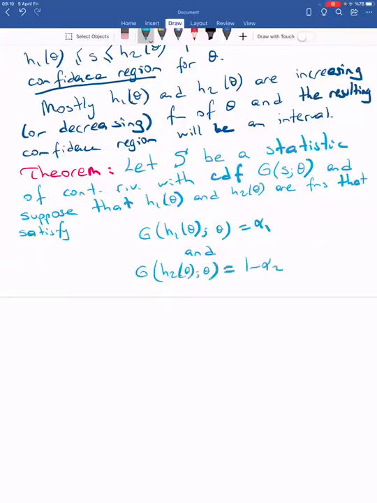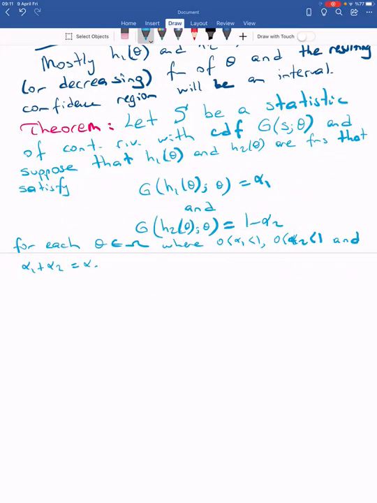This is the upper bound probability for each theta in the parameter space, where we assume that alpha 1 is between 0 and 1, alpha 2 is between 0 and 1, and basically that alpha 1 plus alpha 2 equals alpha.